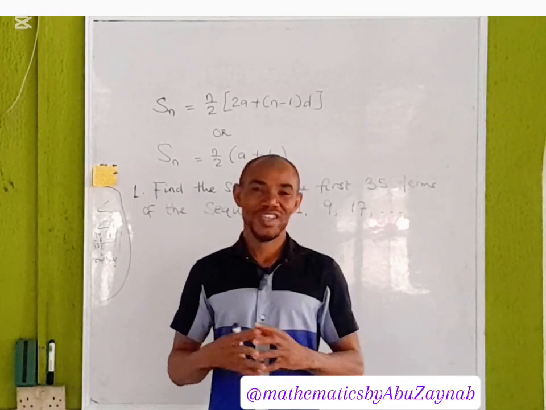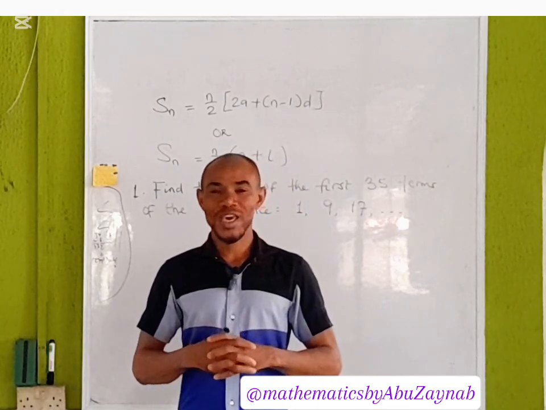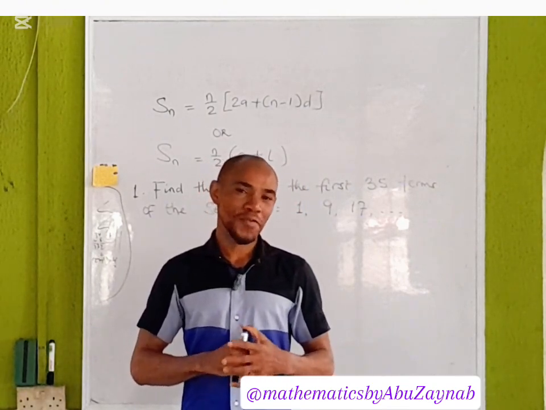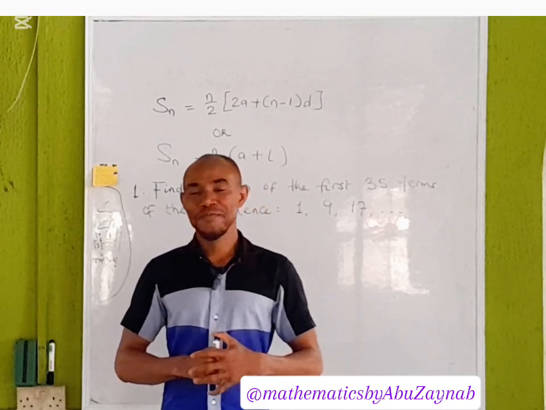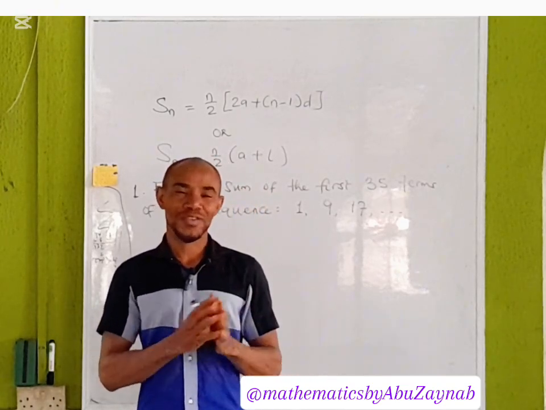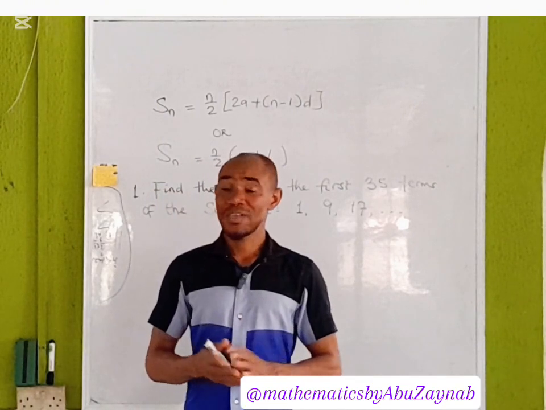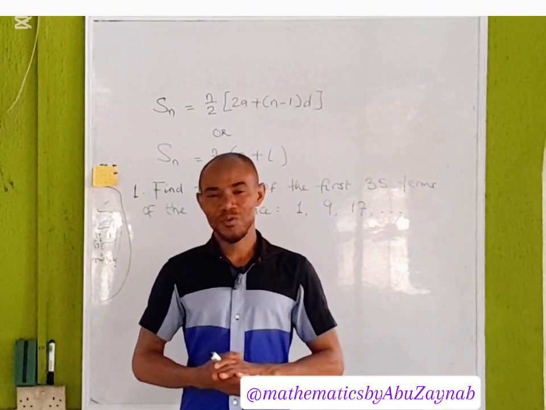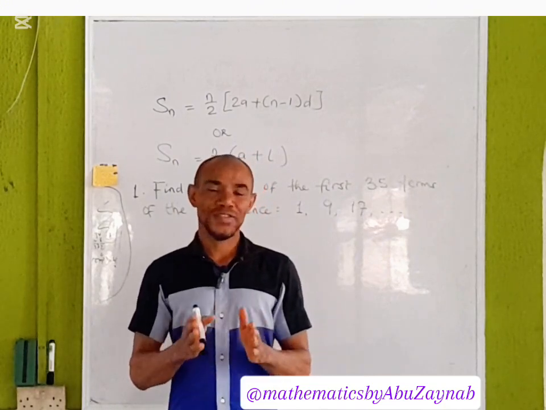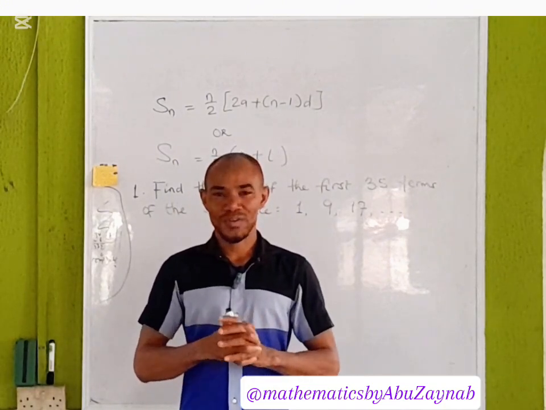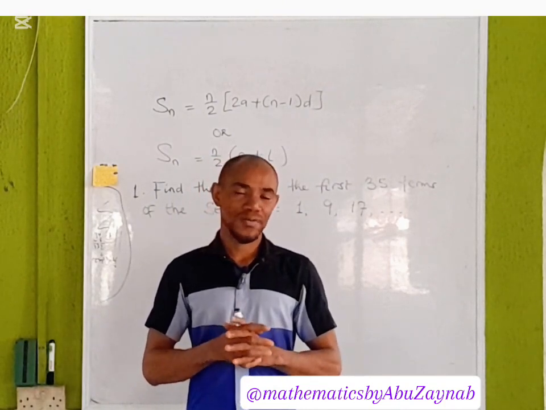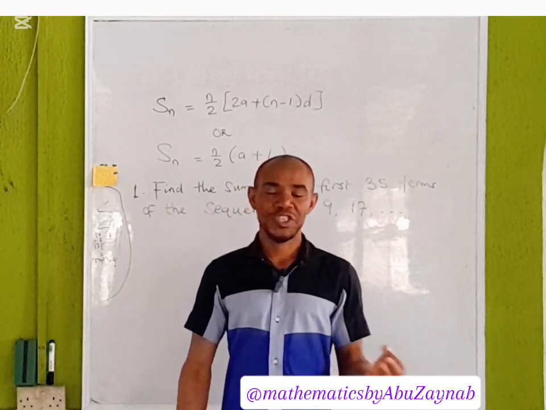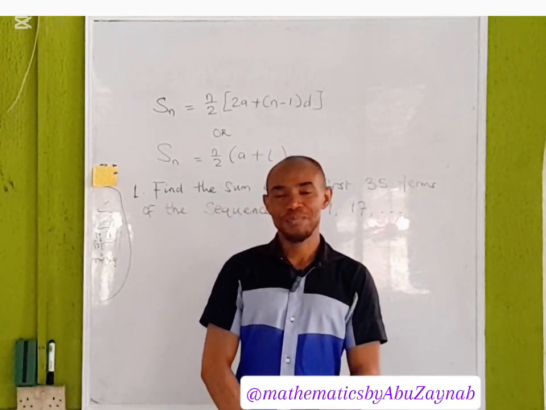Today, we are continuing in our streak of the topic, sequence and series, which we have been having for the past few videos. In the previous videos, we have looked at the concept of sequence and series, the difference therein, examples of sequence and series, and emphasis on two particular ones that are concerned in O level, and that is arithmetic progression, popularly called AP, and geometric progression, popularly called GP.